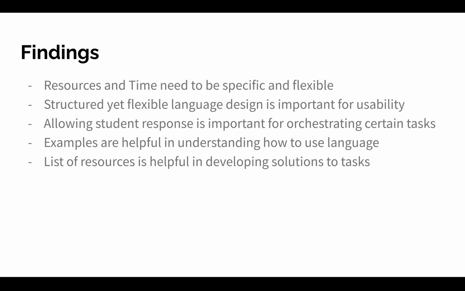So findings from this, through the various iterations and prototyping, it was found that it was extremely important that resources and time were able to be specific and also flexible. So it wasn't enough to just be able to say during sprint 3; you wanted to be able to do something specifically at the beginning, middle, or end, or even cite the second hour of studio.